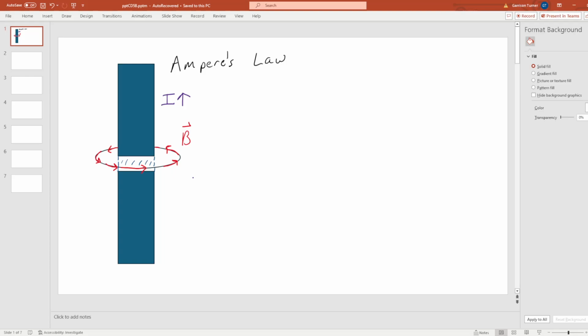That's why the magnetic field B here is shown looping around the wire in the direction shown. The direction of the magnetic field is determined by the right-hand rule once again. But this was done experimentally.